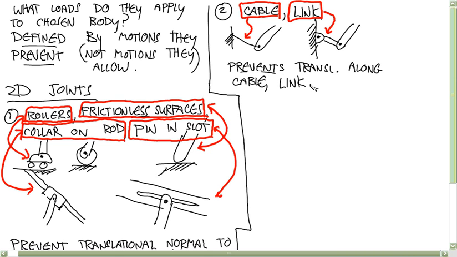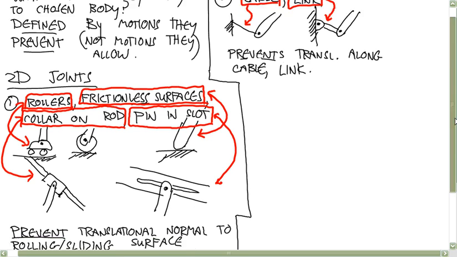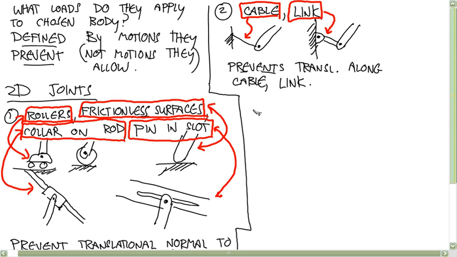So it prevents a translation with a known direction. So that means that it's going to be only one force variable that we're going to use. So the applied load is a force parallel to the cable or link.